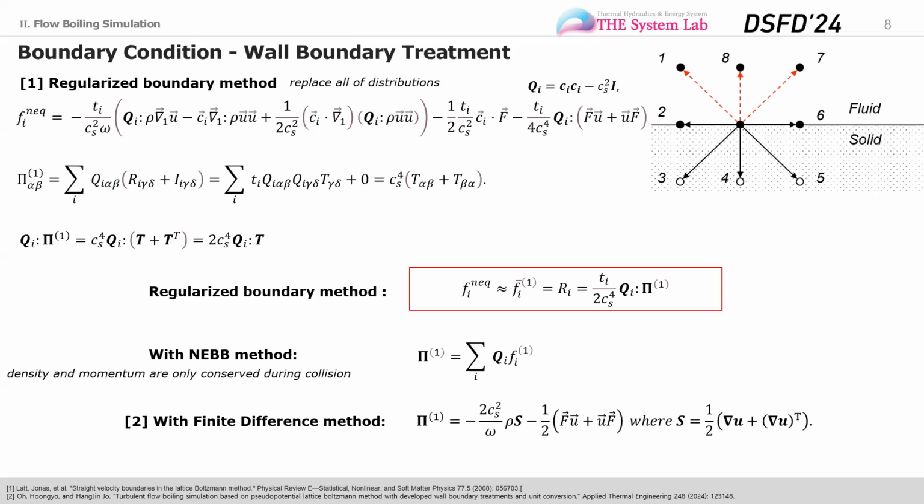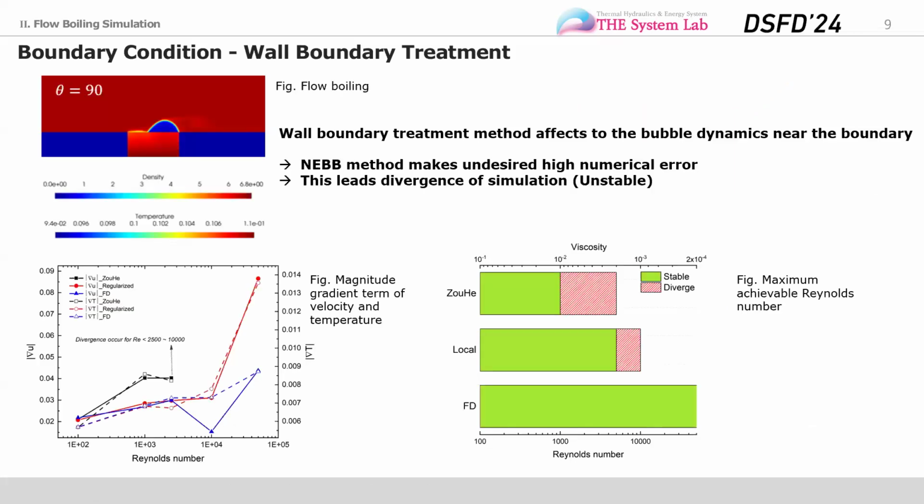I add a forcing term to this regularized boundary method to represent the wetting and fluid-solid interaction force at the boundary node. I tested various boundary treatment methods with the boiling simulation, and I got this figure. As you can see, the finite difference method can achieve the highest Reynolds number for the flow boiling simulation.